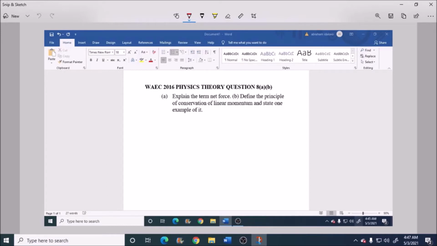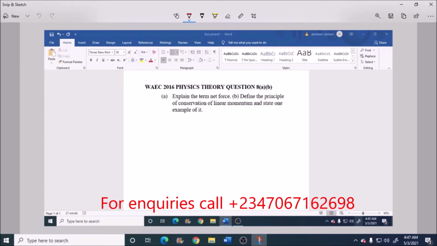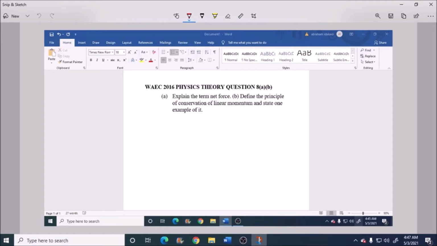So net force is the effective or resulting force resulting from the actions of a system of forces on a body.